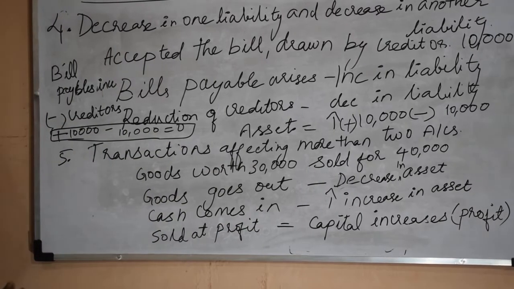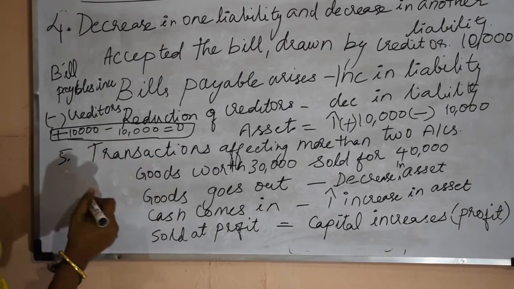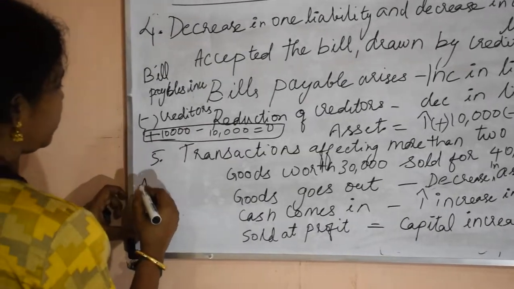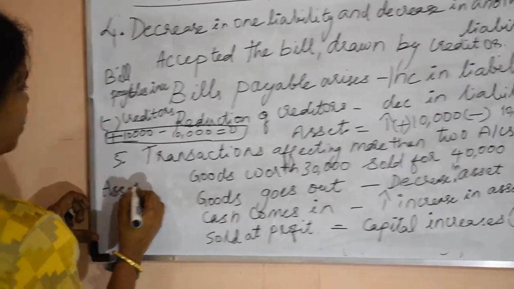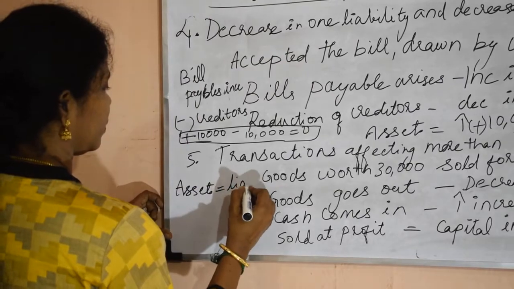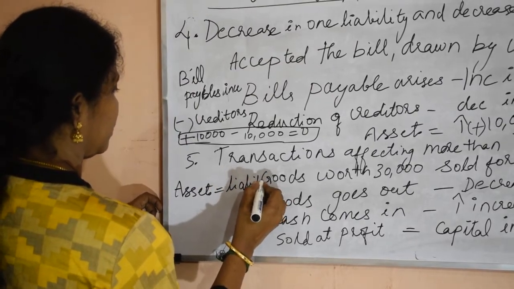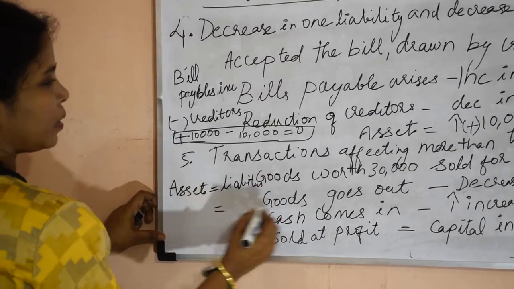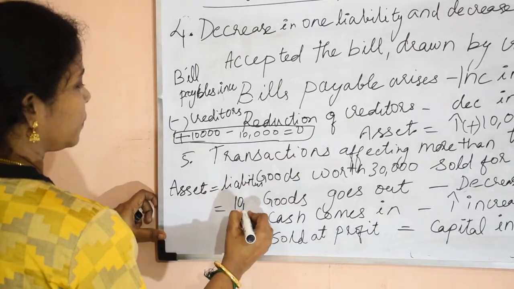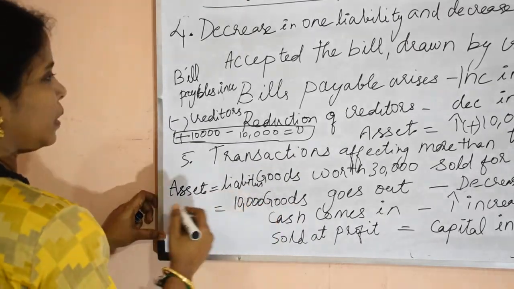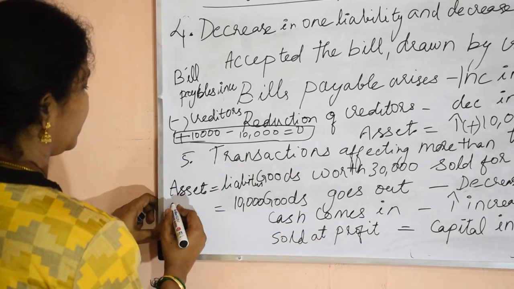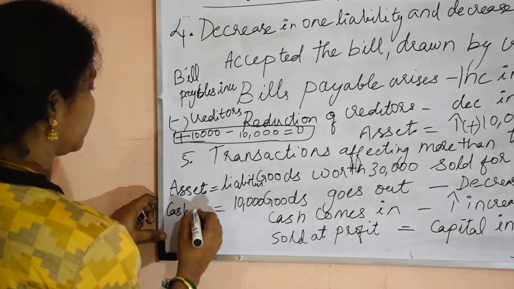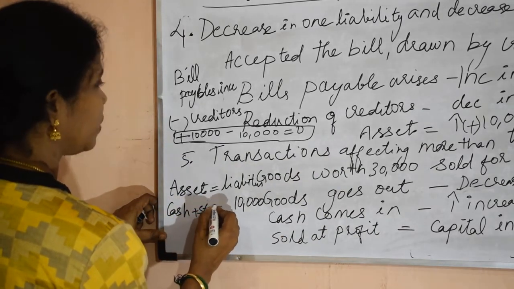Here let's see, 30,000. So assets equal to liabilities. So liabilities is 10,000, the profit. Then cash plus stock. Cash, how much is it?